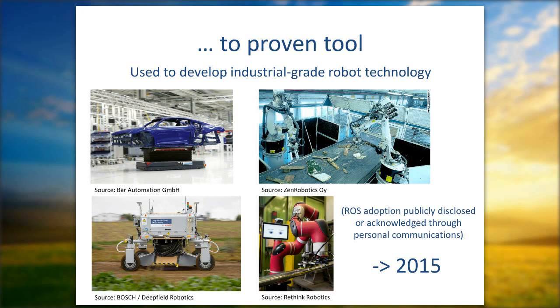And as I can tell you, the automotive industry is pretty stringent on requirements for reliability. Quality is still a primary concern to them, but ROS is able to meet these quality thresholds.